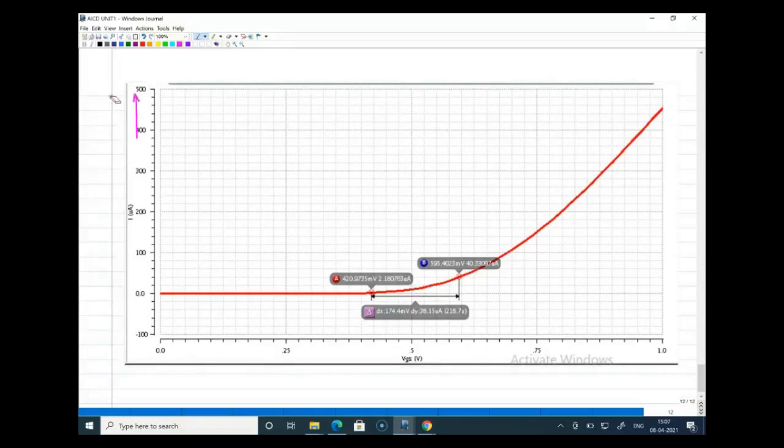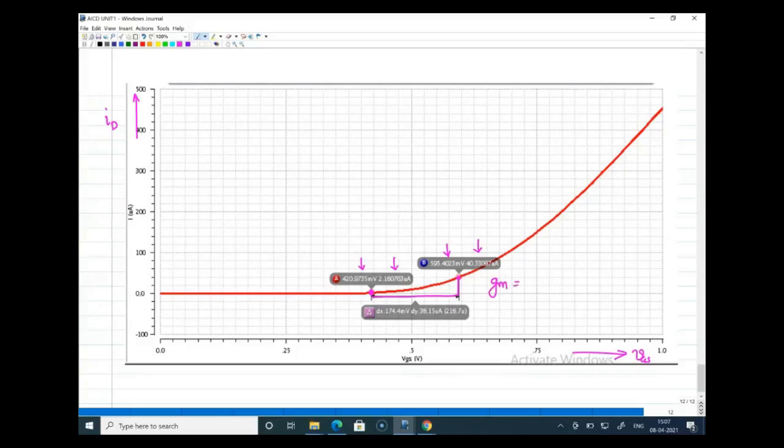This is ID and this is VGS, and the red is the MOSFET curve. I have taken two points, point A and point B, and the corresponding voltage and current are marked there. I don't know whether it is visible for you guys. The idea is just to measure this slope, which will give you the gm value.